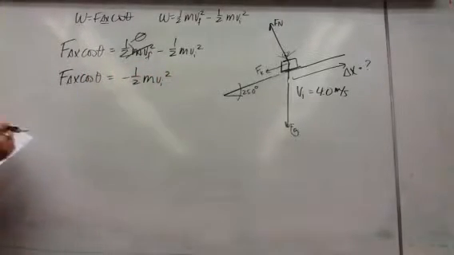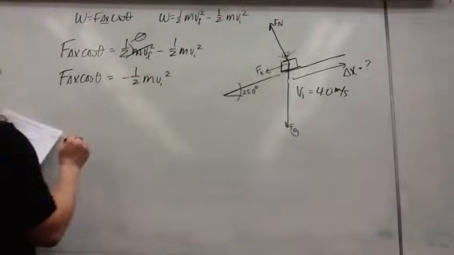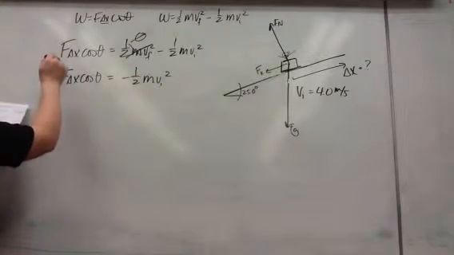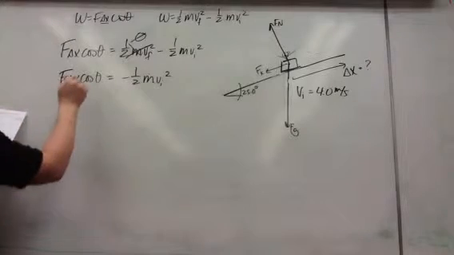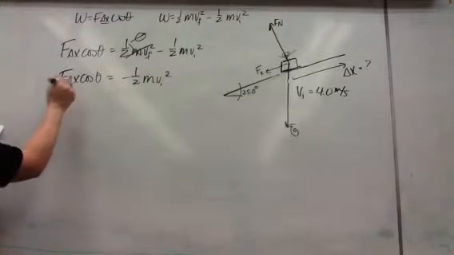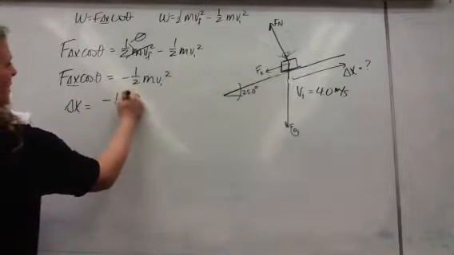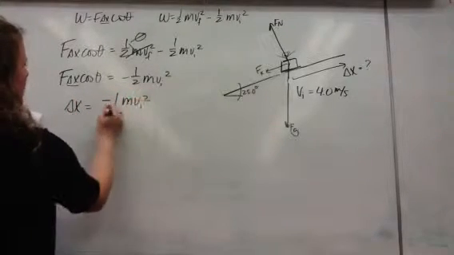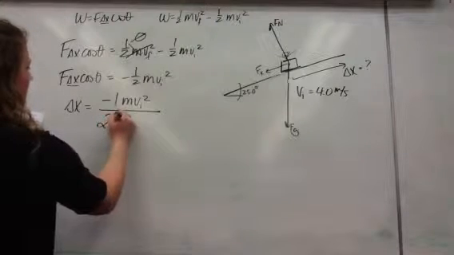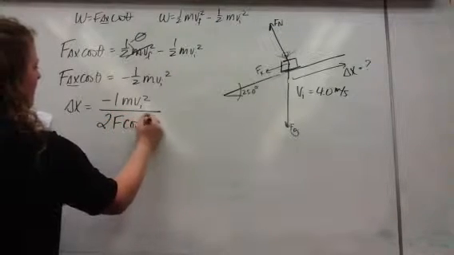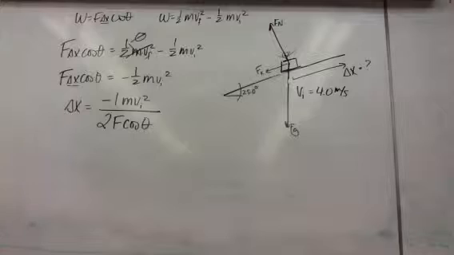Okay. At this point, we have mass, we have initial velocity. We can figure out the net force on the monkey. So let's rearrange to solve for delta x. Delta x equals -1 m vi squared over 2 f cosine theta.